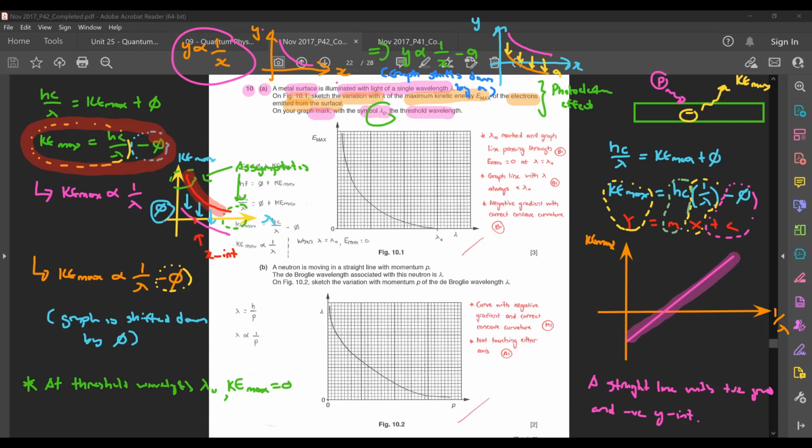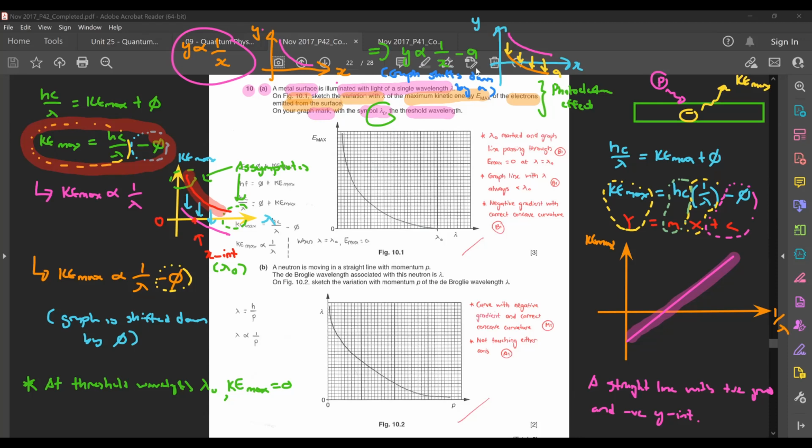Because it's a graph of KE max versus lambda, at the point where KE max equals 0, this x-intercept is really your lambda naught.